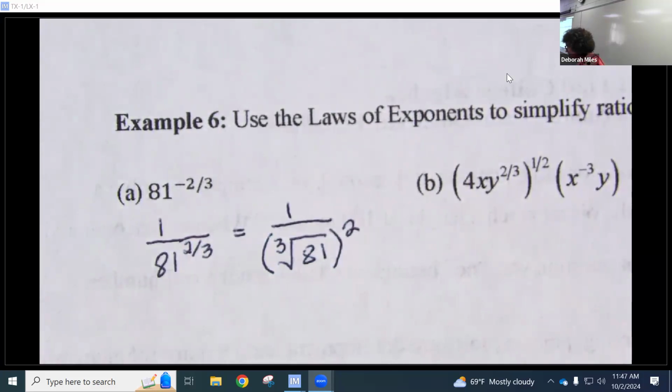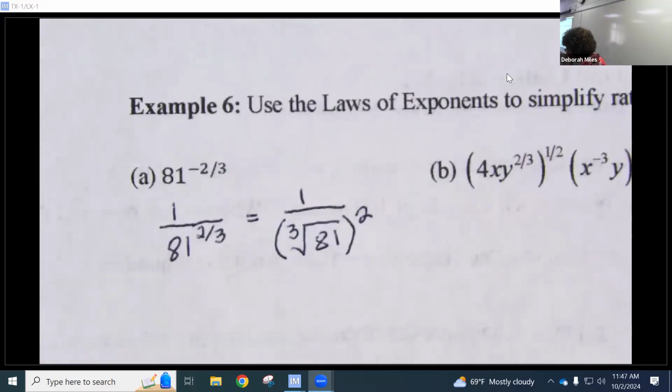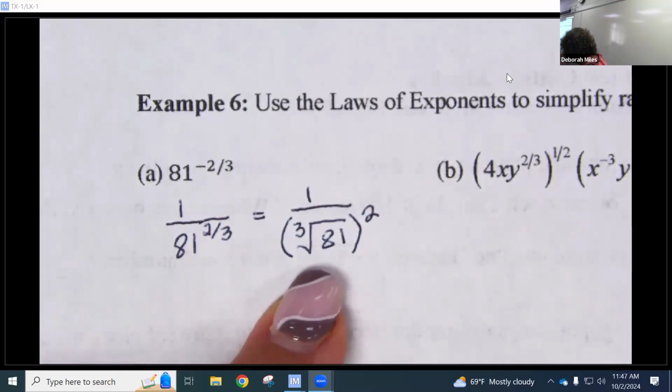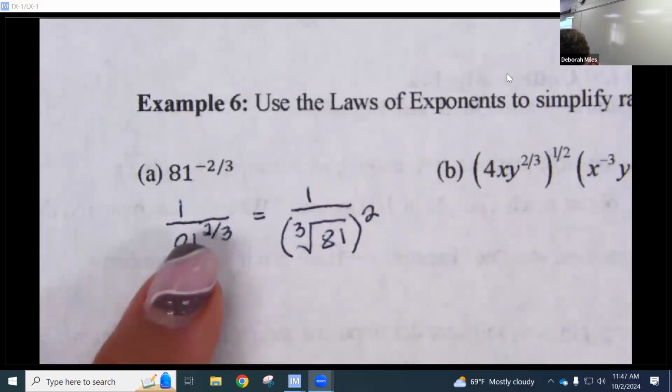I'm not going to give you one on the test or the homework that you can't take the cube root of. I mean, I could do this. It would take a few more minutes. It would be easier if I changed this to the exponent negative 3/2.